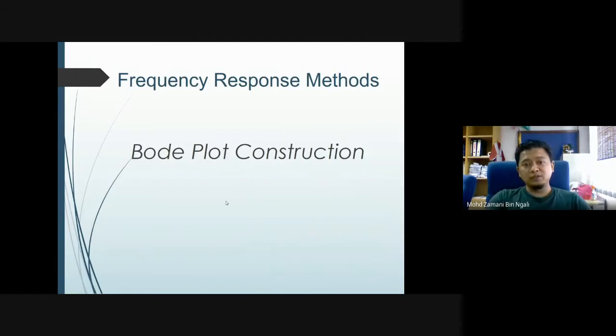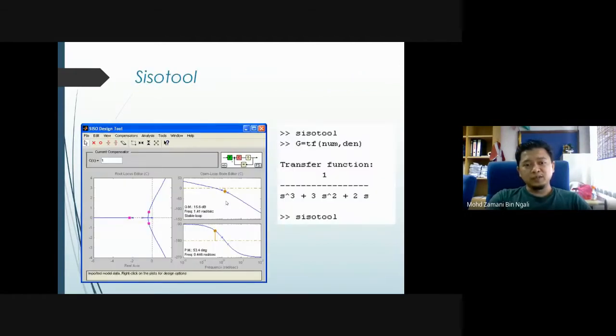Okay, previously I have shown you that the transfer function can be analyzed by using root locus and also Bode plot. By using root locus, we can see that whatever value of gain gives you the locus at the left side of the imaginary line, the system is still stable.